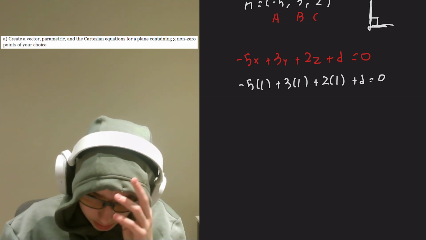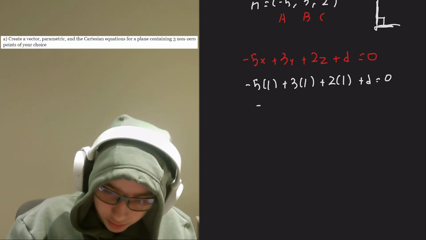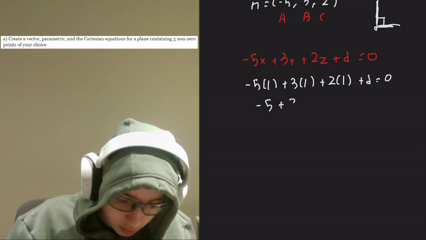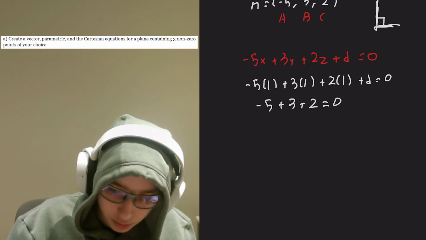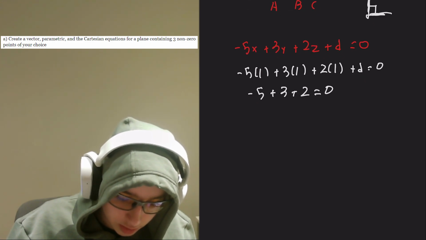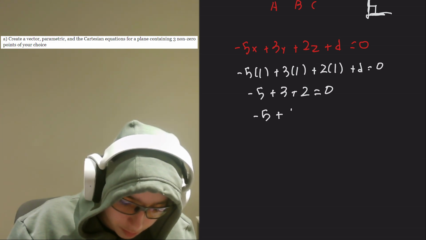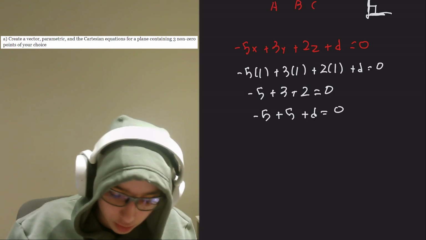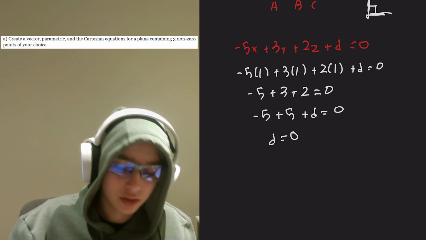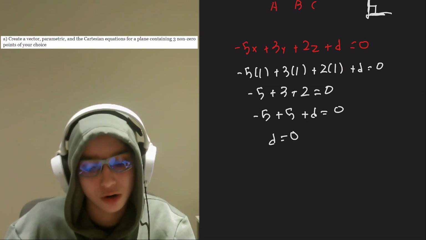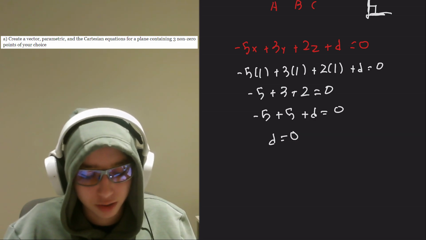And this gives us negative 5 plus 3 plus 2 is equal to 0. And this also gives us negative 5 plus 5 plus d is equal to 0. And this also just computes to d equals 0. So our d value is just equal to 0 for this Cartesian equation.